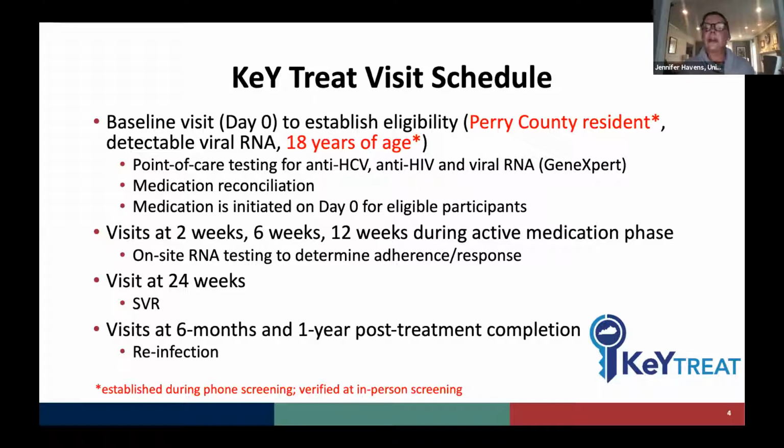So we do point of care testing, anti-HCV, so antibody testing for HCV and HIV, and we are fortunate to have access to the GeneXpert, the Cepheid platform, to conduct viral RNA testing, which will give us RNA results within about 45 minutes. We do a medication reconciliation, and medication is initiated on day 0 for eligible participants.